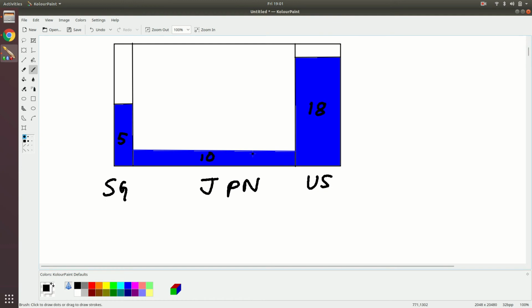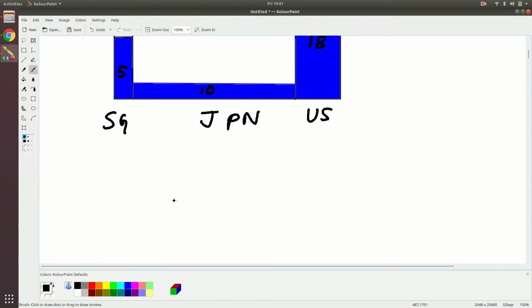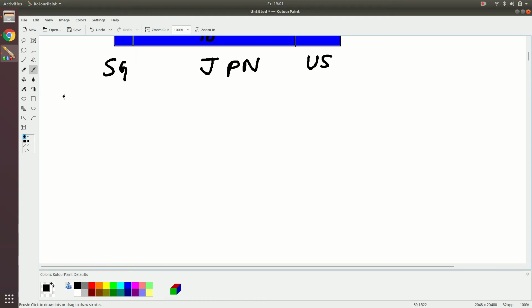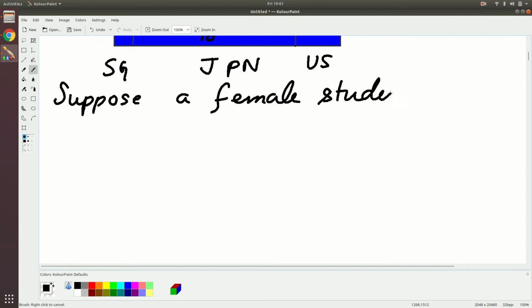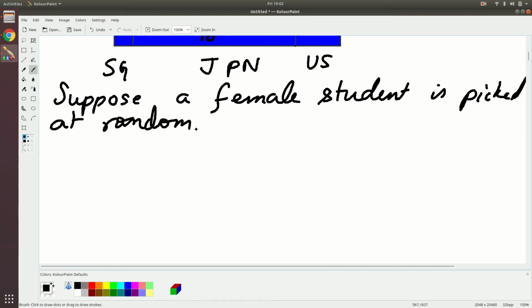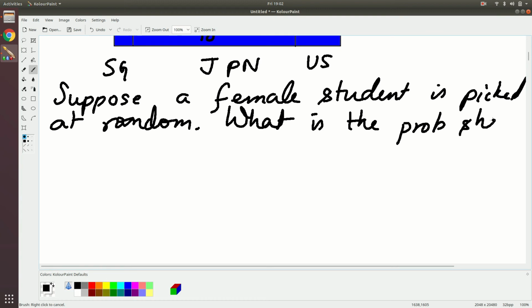Now here we can ask questions like this. We can ask, suppose a female student is picked at random. Now the question could be, what is the probability she is Singaporean?